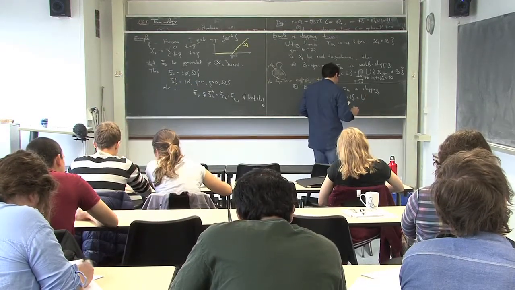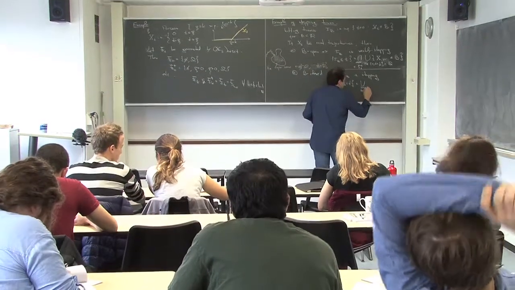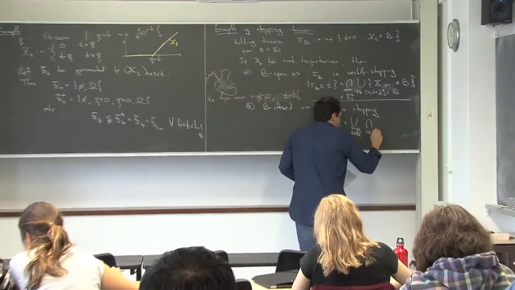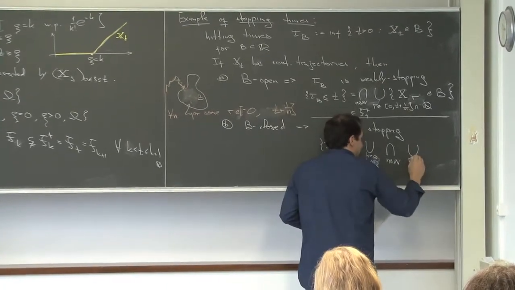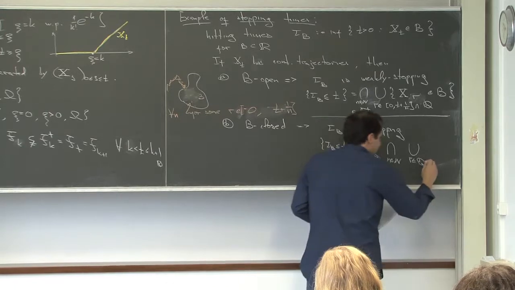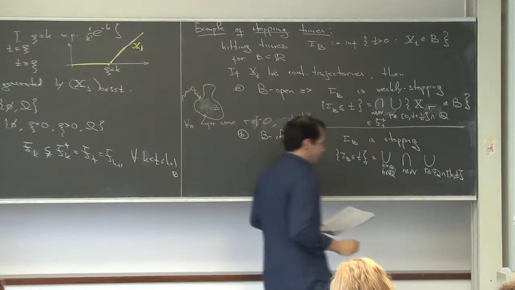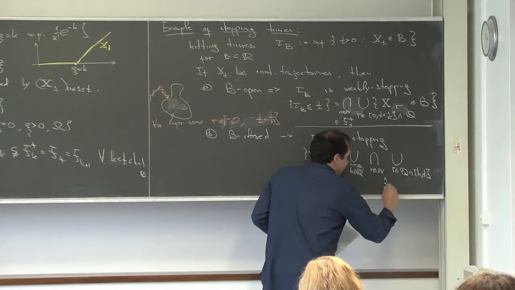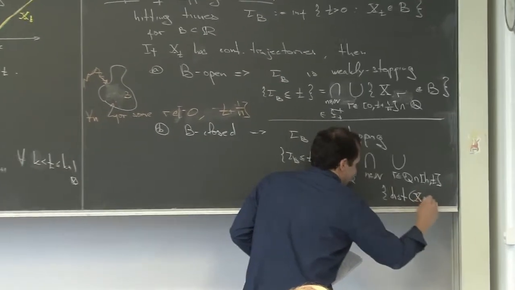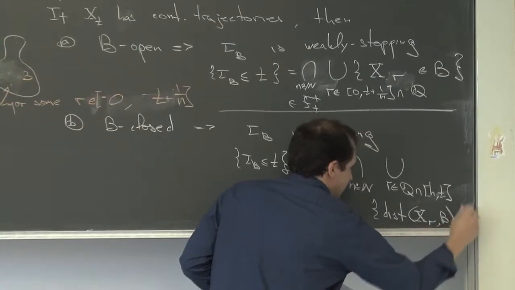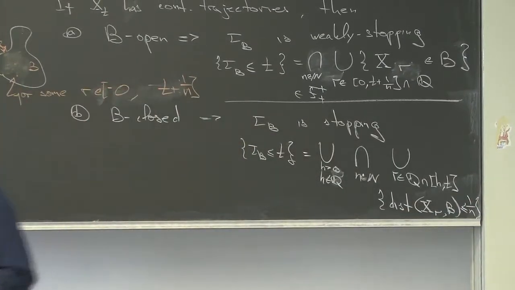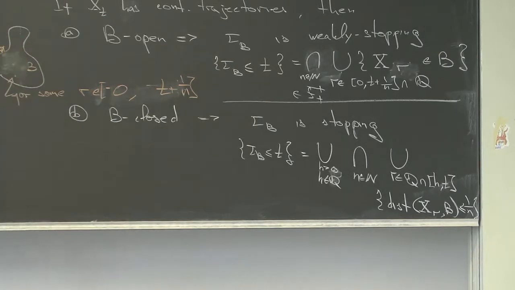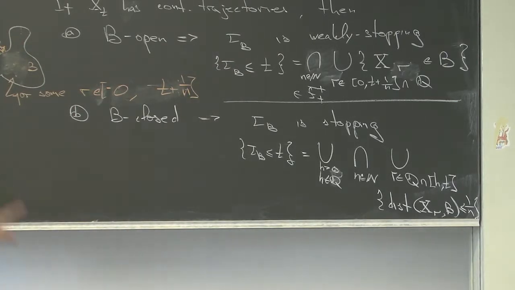I should take the union over all rationals, intersection again over all n, union over all rationals slightly before t of the event that the distance from Xr to B is less than 1 over n. Just an exercise. I already was not that good with the first one. Just check that it works.